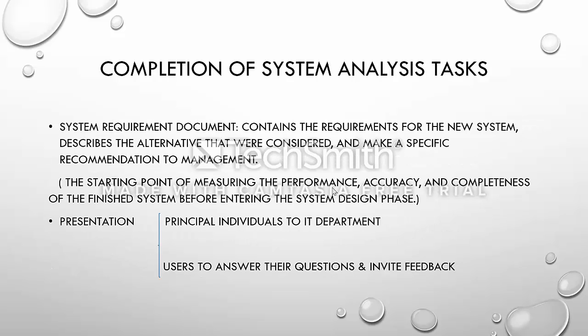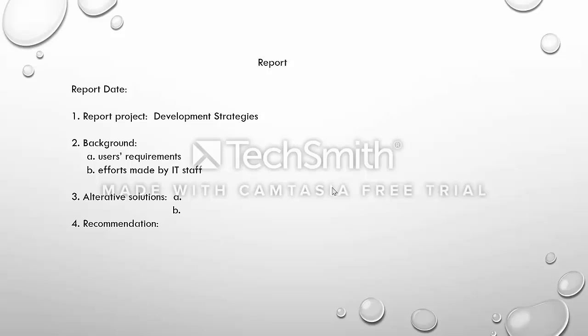It is the starting point for measuring the performance, accuracy, and completeness of the finished system before entering the system design phase, and then it is presented to both the IT department and users to answer their questions and invite feedback. The report should contain the project name, the background, alternatives, and the recommendation.